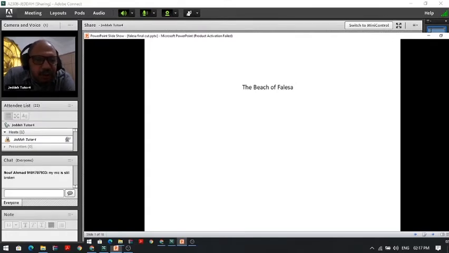So, in terms of main points, if we talk about The Beach of Falesa, we're going to talk primarily about the character of Robert Stevenson himself, the fact that he was different in his upbringing. He wasn't obviously in need of money. He came from a well-off family, but he was a little sick, and that kept him indoors, and that also allowed him the golden opportunity to read and read and read and come up with ideas and become a writer.